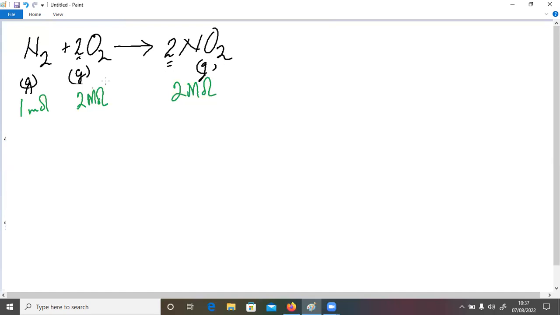So the question would be something like this. 8 grams of oxygen was used. Let's say we use 8 grams of oxygen gas in this reaction. How many moles of nitrogen dioxide was produced? What is the volume of nitrogen dioxide produced? What's the mass of nitrogen dioxide produced? What is the mass of nitrogen used?